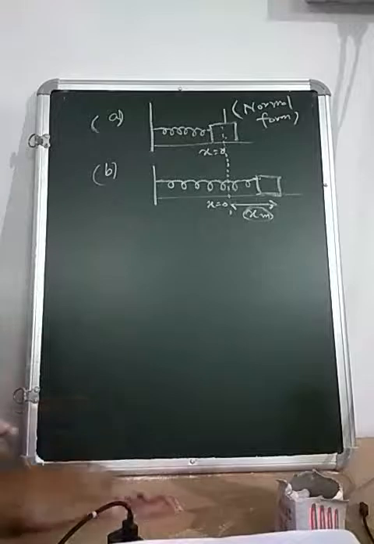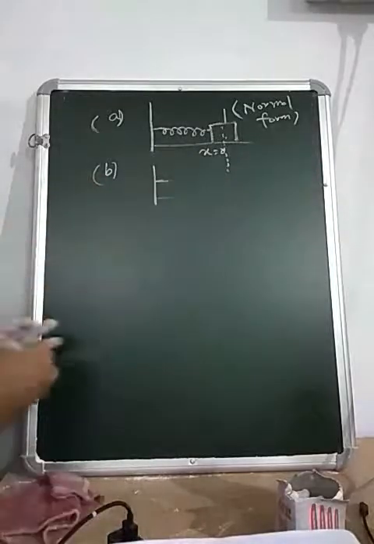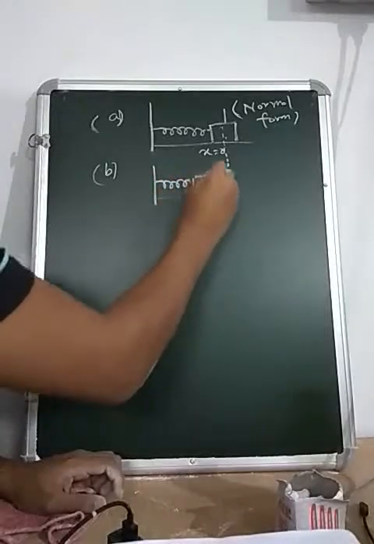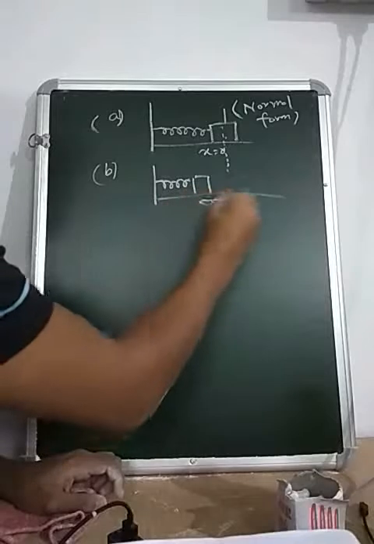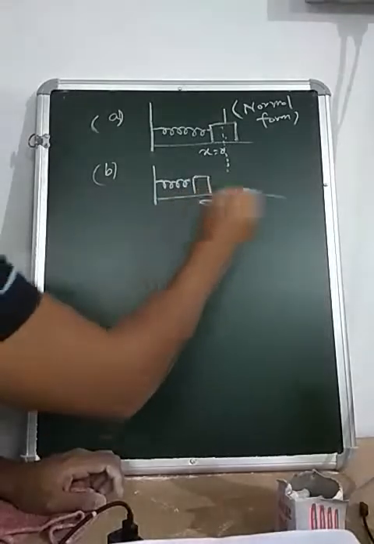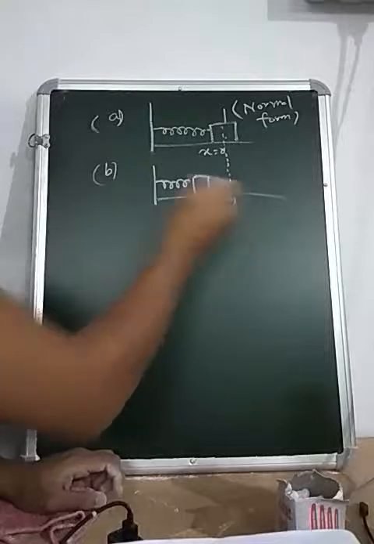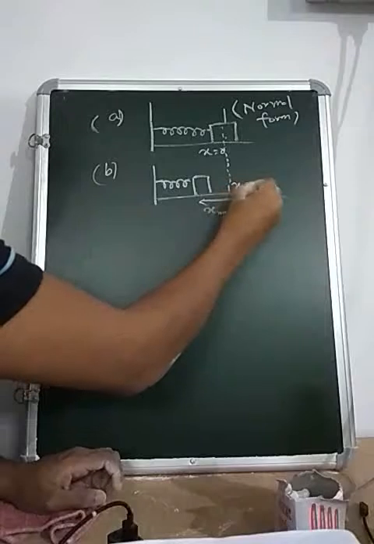This is the case B. Now I am considering the case C. In case C, what we have done, we compress the spring, or we displace the block up to distance xm to the left side of the s equal to 0.